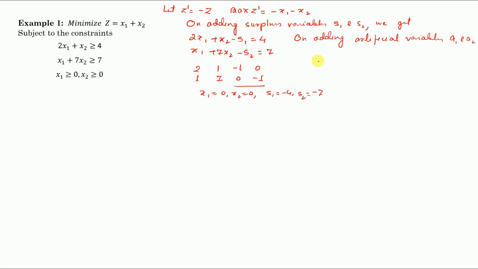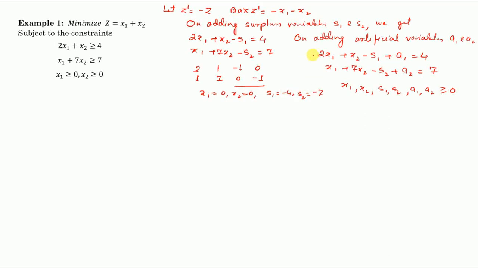The equations become 2x1 + x2 - s1 + a1 = 4. Second equation x1 + 7x2 - s2 + a2 = 7. And you can write x1, x2, s1, s2, a1, a2, all these are greater than or equal to 0.